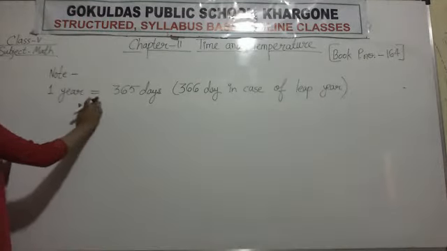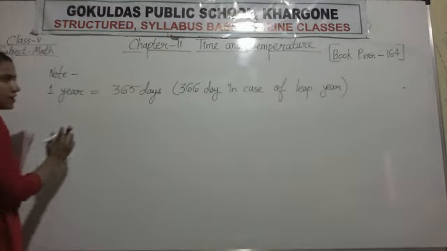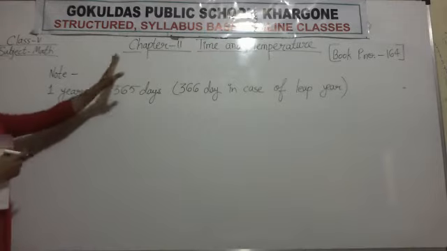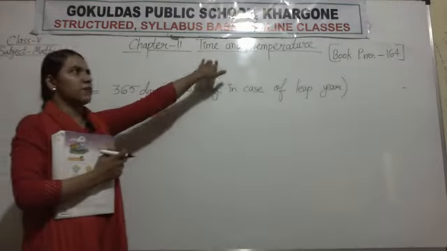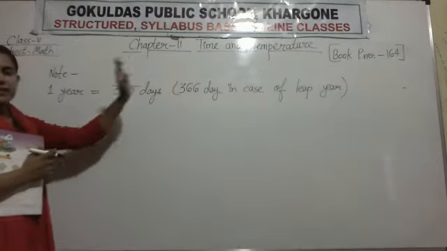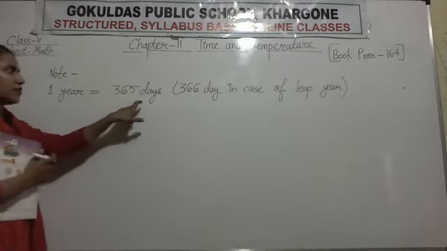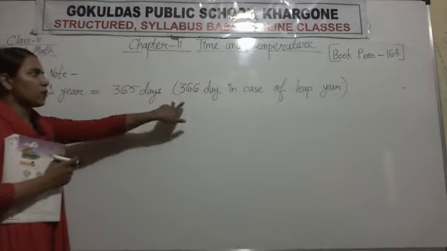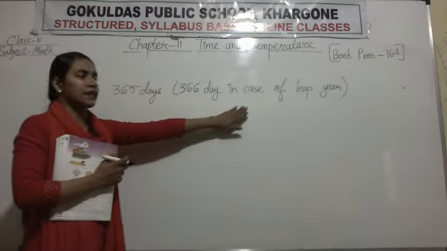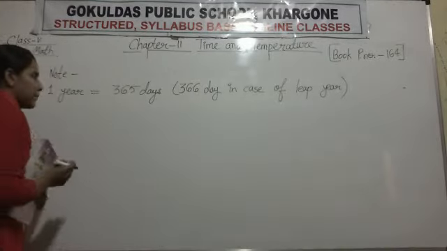Write chapter number, chapter's name, underline it, then write this note: 1 year is equal to 365 days, or bracket open, 366 days in case of leap year.